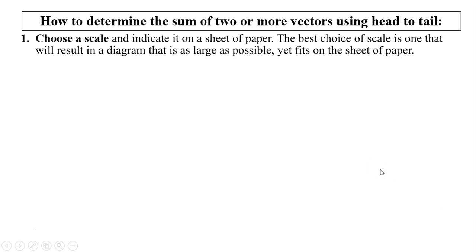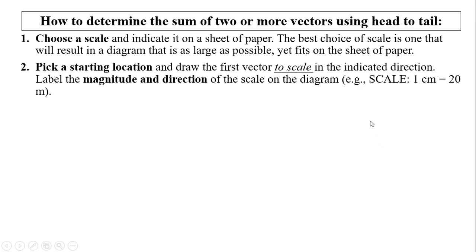How do you determine the sum of 2 or more vectors using head to tail? First, you have to choose a scale and indicate it on a sheet of paper. The best choice of a scale is one that will result in a diagram that is as large as possible, yet fits on a sheet of paper. Next, you pick a starting location and draw the first vector to scale in the indicated direction.